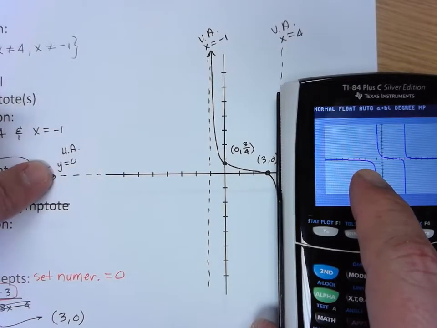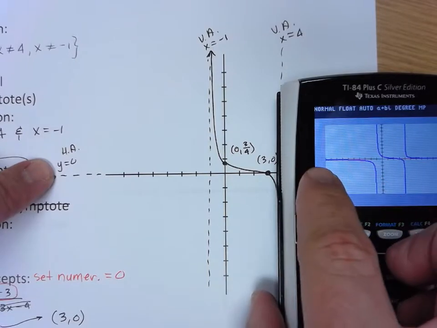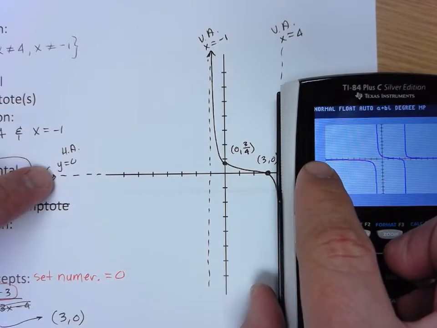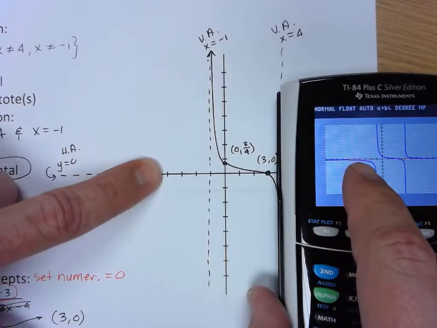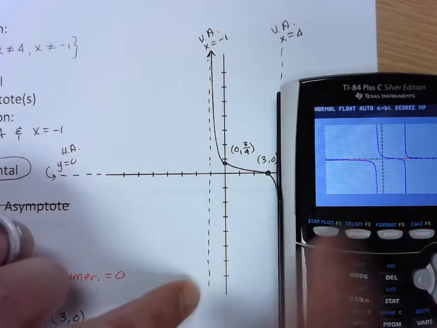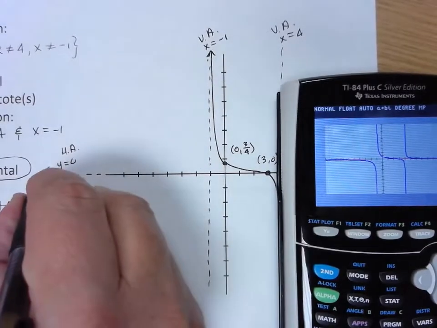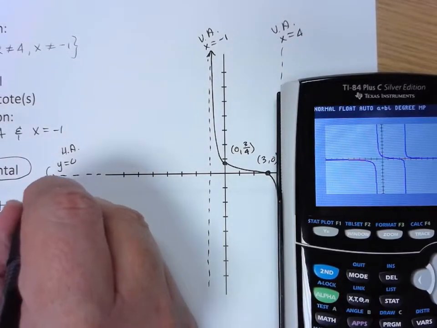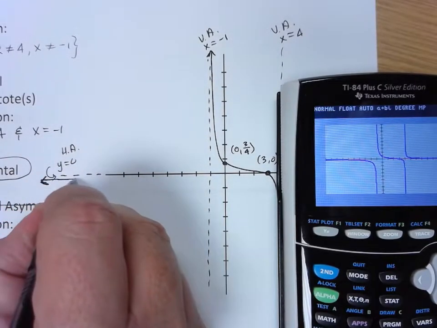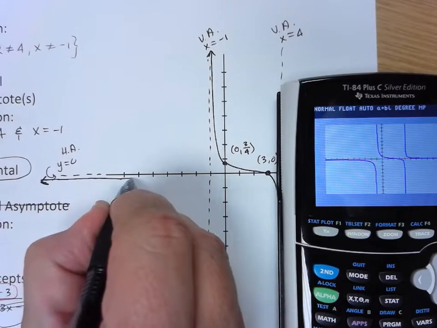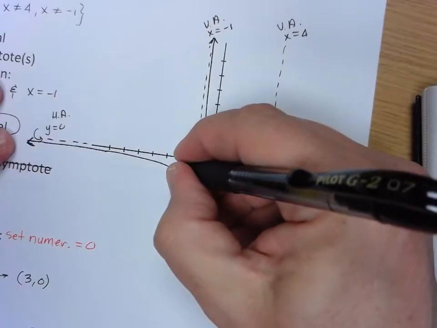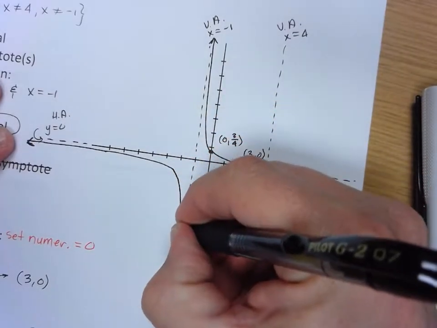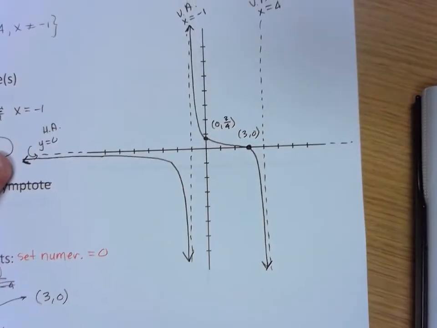So, producing this part, notice, from the left, you've got to look at what your end behavior graph is. The end behavior is dictated by y equals 0. So as you come in from the left, the graph should be close to the x-axis, and then as it gets closer to this vertical asymptote, it's going to go down to minus infinity. So this left portion of the graph should look something like this. Draw my arrow close to the x-axis, and then it eventually kind of tapers down and has to go to minus infinity on the left side of that first vertical asymptote, like that.